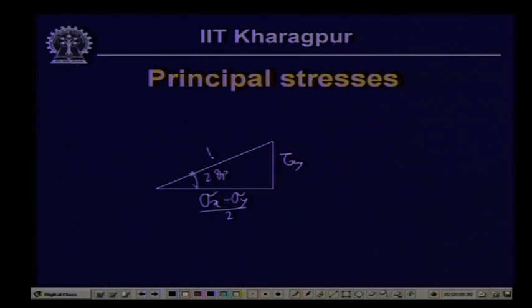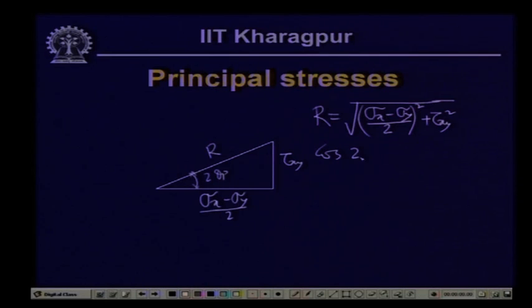Hence, the value of this hypotenuse r is equal to root of sigma x minus sigma y by 2 squared plus tau x y squared. Hence, the value of cos 2 theta p is equal to sigma x minus sigma y by 2 r, and sin 2 theta p is equal to tau x y by r.